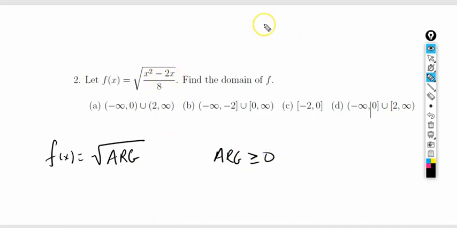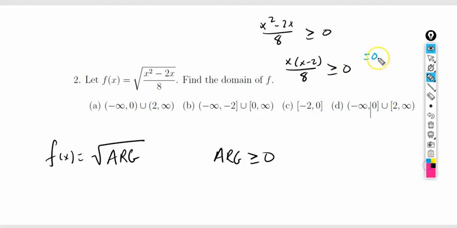So here we want x squared minus 2x over 8 to be greater than or equal to 0. You can factor out an x in the numerator, so you can see it equals 0 in red. It equals 0 when x is 0 or x is 2.